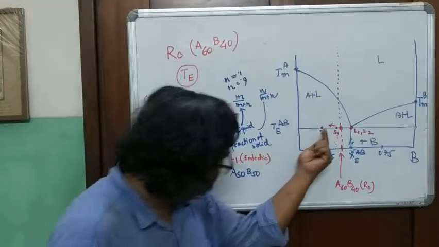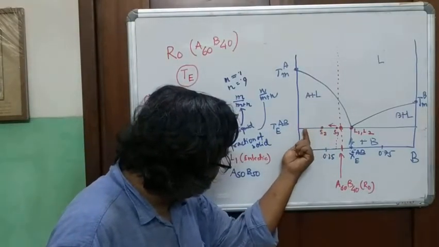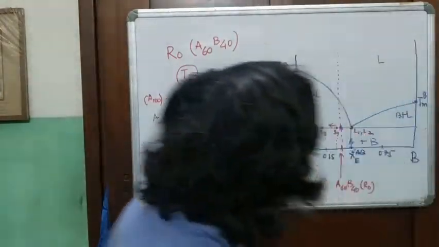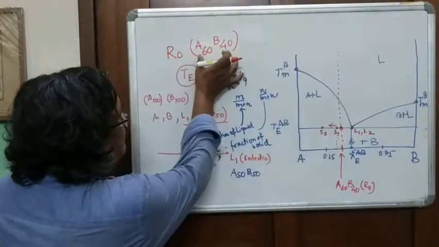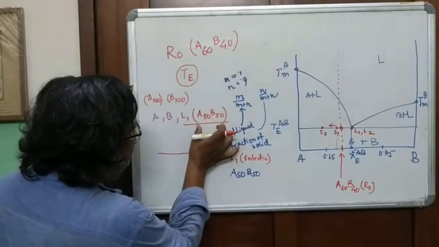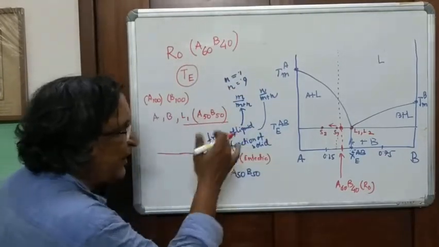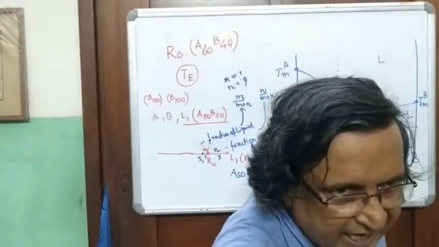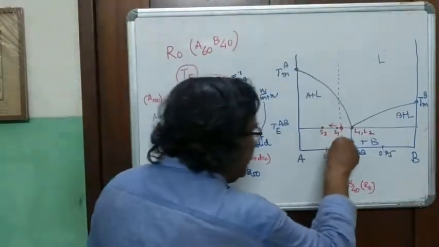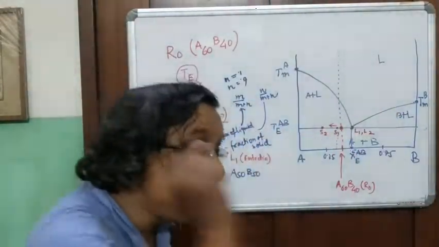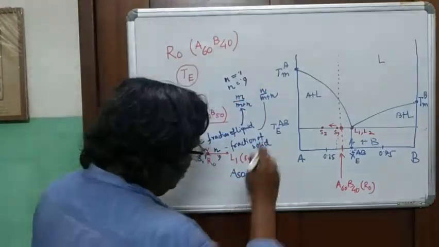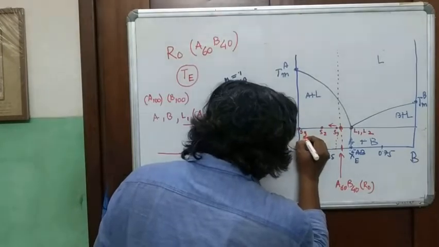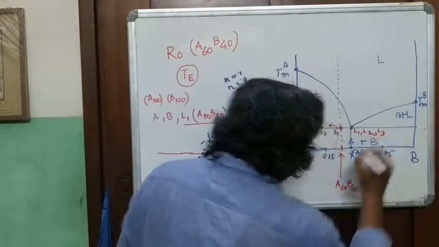And all the while, your solid is becoming richer and richer in A, because your rock contains A60B40 and your eutectic melt is A50B50. So essentially, your rock will become richer and richer in A. And the melt composition will remain the same till you reach this point where, say, it is S3 and this is L3.